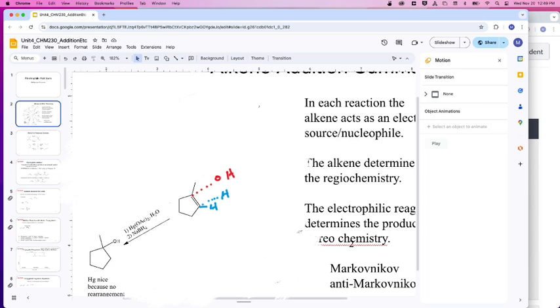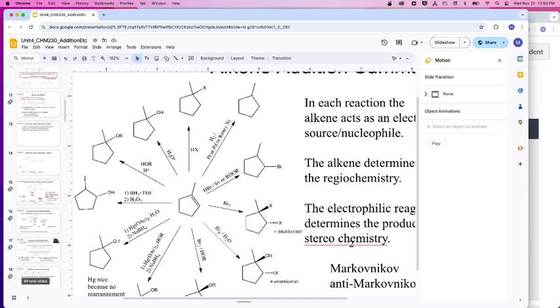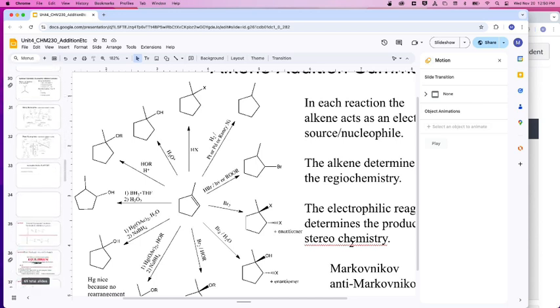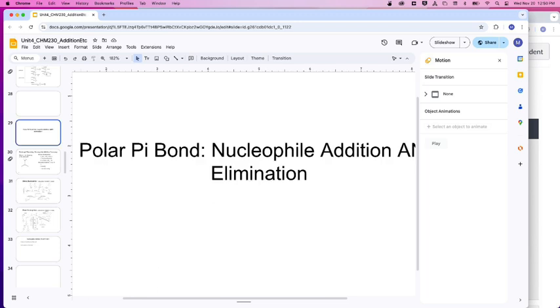With that, we have to be done for today, but that's the end of our alkenes. Next week, we unfortunately will get to level it up, and what we'll level it up to will be our polar pi bonds with nucleophile additions.